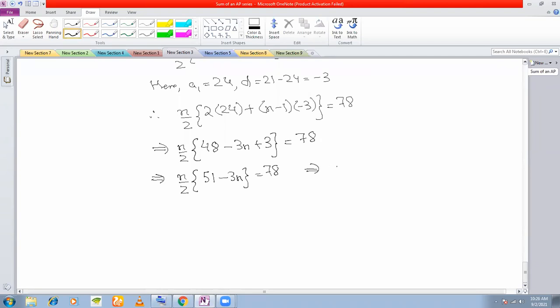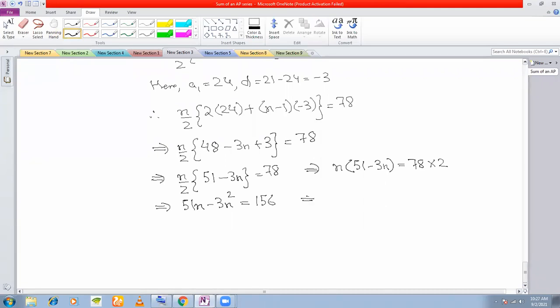Now if you cross multiply, you'll get n into 51 minus 3n is equal to 78 into 2. So you'll get 51n minus 3n square is equal to 156.